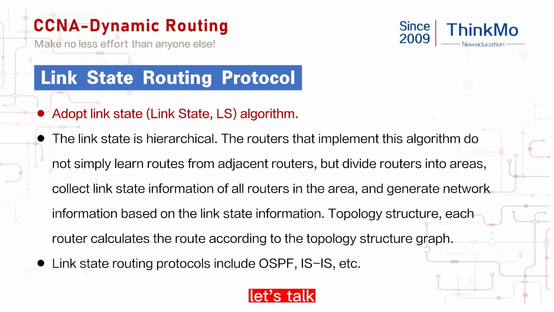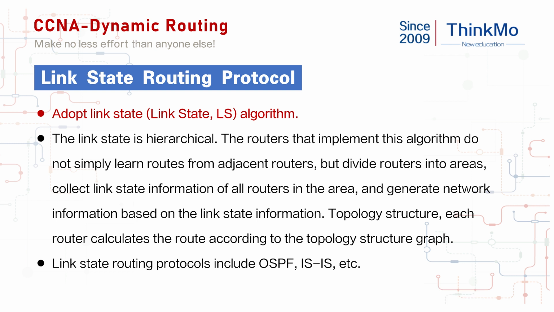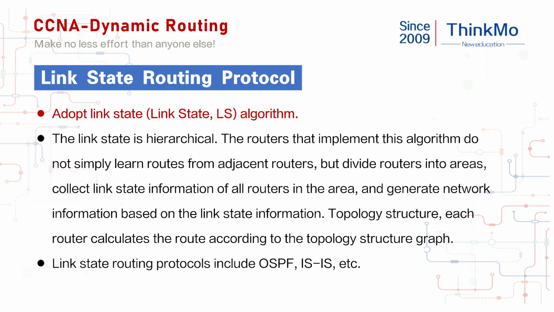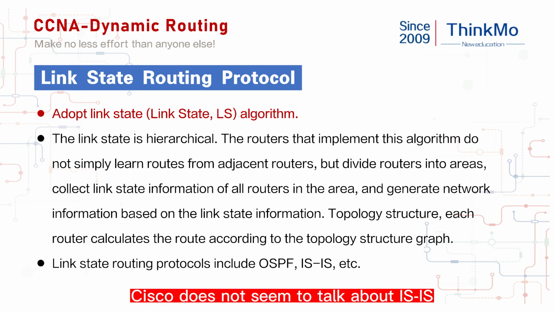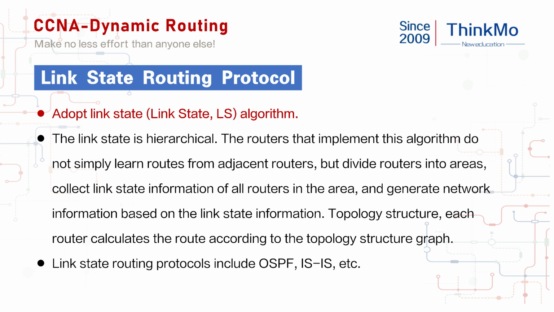Next, let's talk about the algorithm of the link state routing protocol, called link state, or LS. A typical link state protocol is OSPF, ISIS. Cisco does not seem to talk about ISIS, because it is a carrier technology. We will speak OSPF. It will have CCNA, CCNP and CCIE stages.